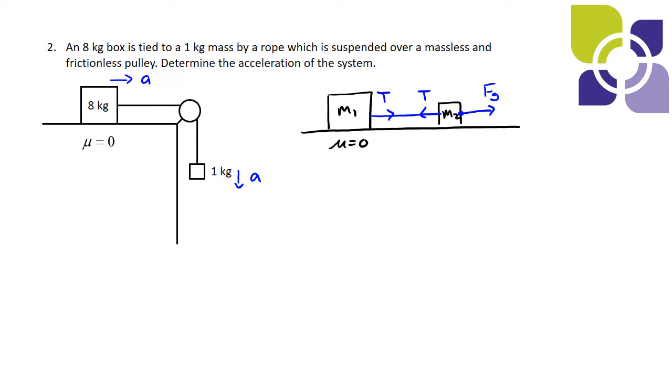Well, now that we have the system drawn like this, it's actually pretty clear to see that the only force acting to the right is the force of gravity acting on mass 2.